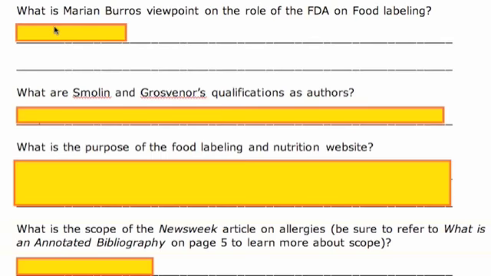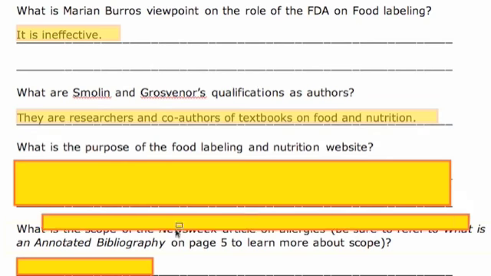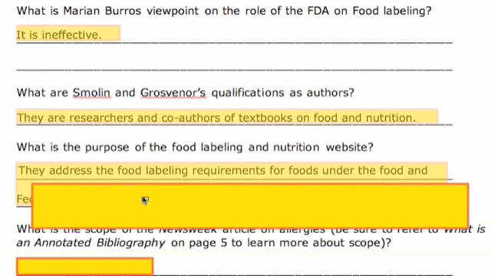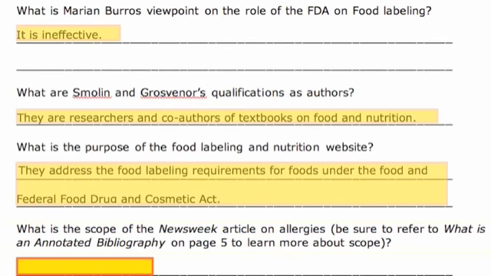In the Burroughs article, the viewpoint was on the FDA food labeling that it was ineffective. In the Smolin and Grosvenor article, the qualifications of the authors were that they were researchers who co-authored textbooks on food and nutrition. What's the purpose of the Food and Labeling and Nutrition website?